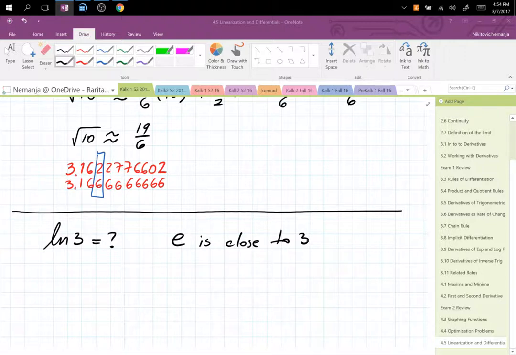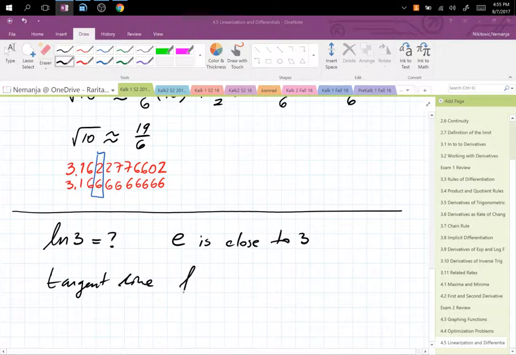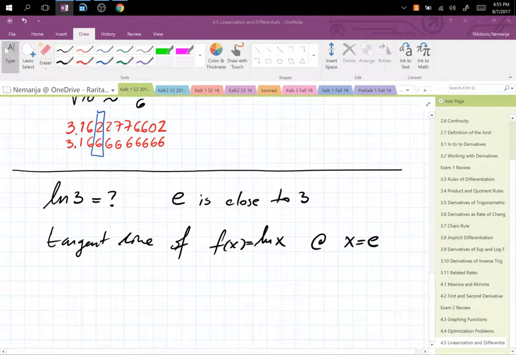Anyway, e is close to 3, so we are looking for the tangent line of f of x equals ln x at x equals e. And we run this calculation. We don't need a calculator for this. That's the awesome part. So what's happening here? Tangent line. We know what to do.